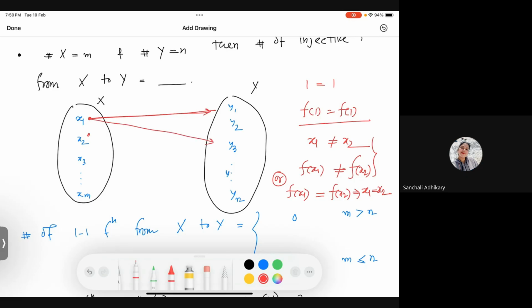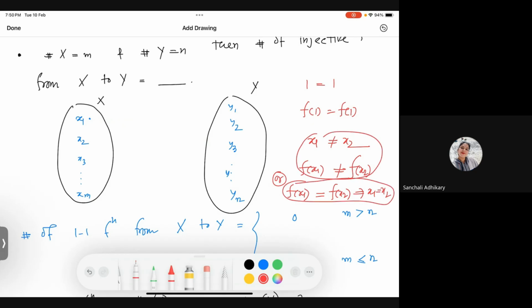It does not have two images or three images, right? So you can say either this, or this, or this. Those are equivalent.